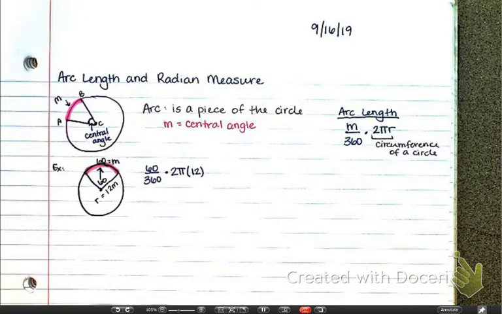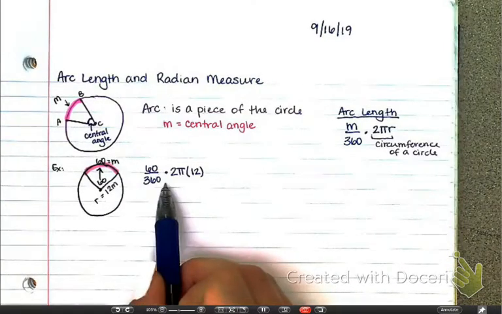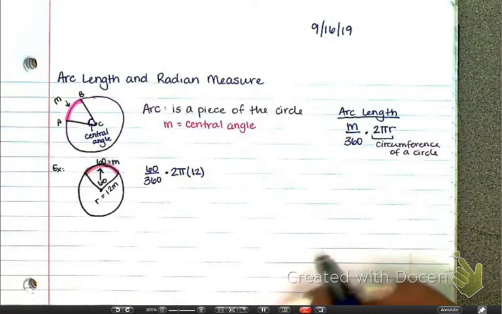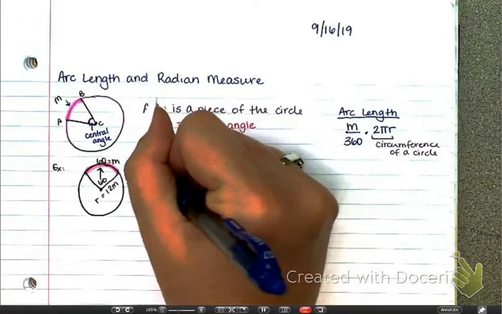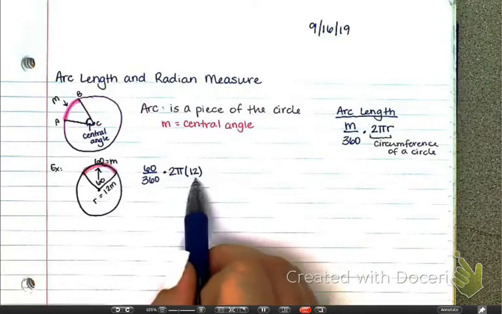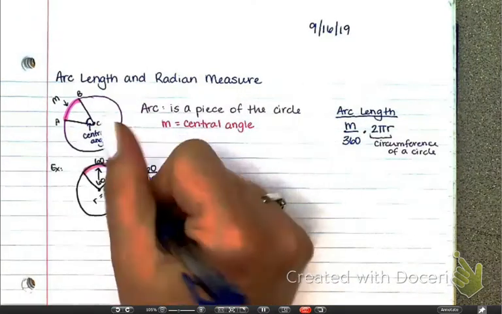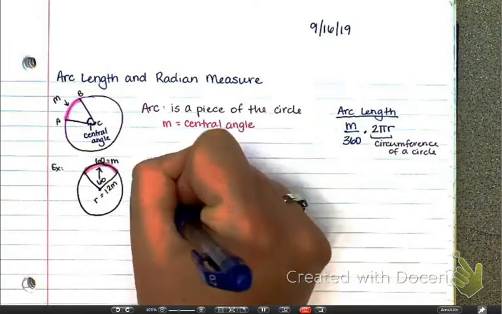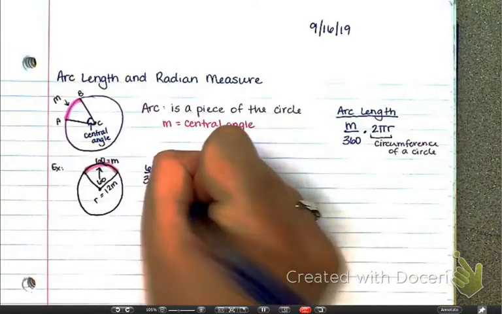What can I simplify before I start plugging too much into my calculator? Okay, 60 over 360. We can reduce that. What does that reduce to? 1/6. Okay, before I reduce that, can't we multiply here? So I really have 60 divided by 360 times 24 pi.